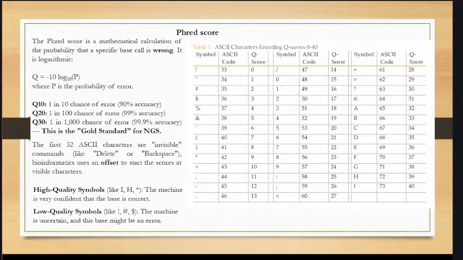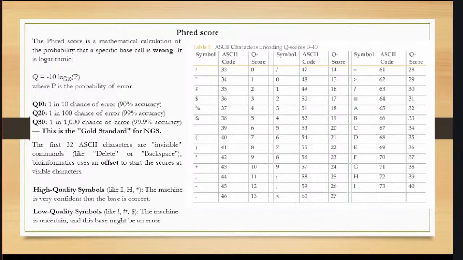Q30 corresponds to a question mark, so from the question mark onward, all the nucleotide symbols will be used in the FASTQ, but the symbols below that 30 we used to trim from the data. So you have to use only these symbols in the FASTQ files.